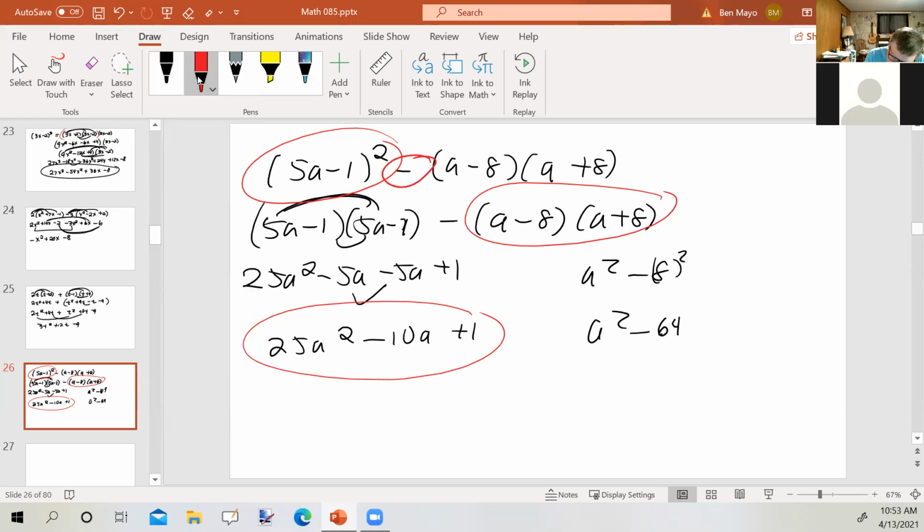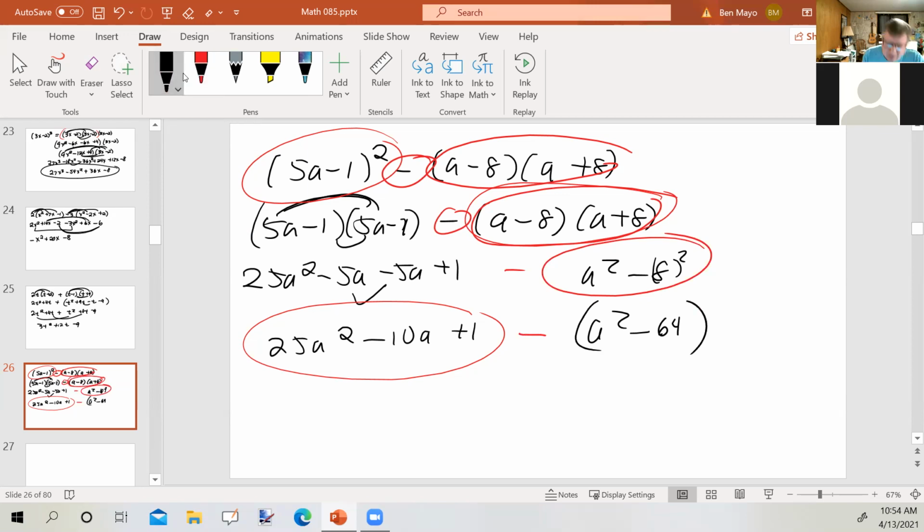We're subtracting this product. We need to group that whole thing, a squared minus 64, because we're going to subtract that whole result. So in the next step, we're going to get 25a squared minus 10a plus 1 minus a squared plus 64.